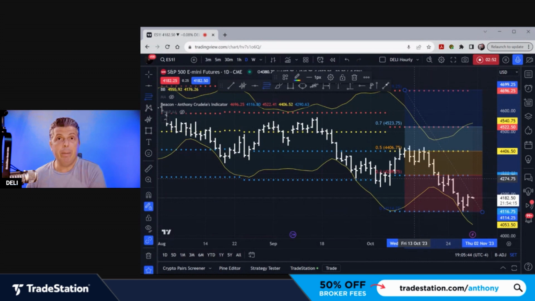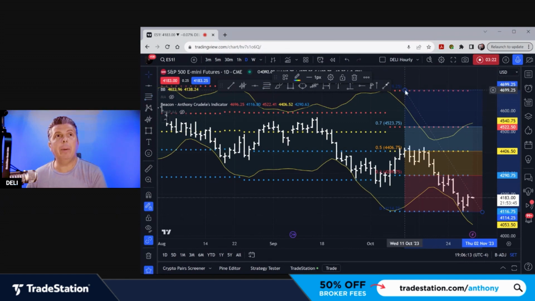So 30%, depending on whether you're looking at it from the top peak to the bottom or the bottom to the top, is support, and 50% is neutral. 70%, like I said, is going to be resistance. And so that's all I look at. And it really helps me frame out what's happening in the market. And I'll explain how I use that also for trend reversals in today's video.